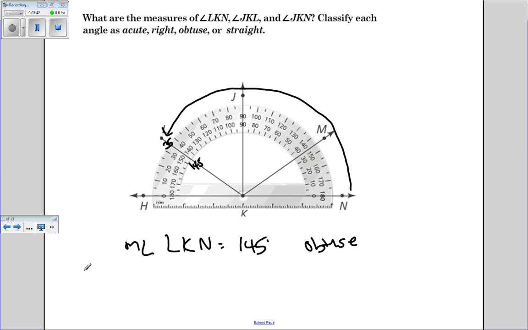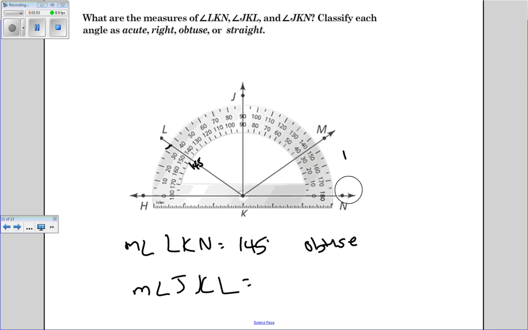Alright, next question. What about the measure of angle JKL? I'm going to get rid of my arc here. So I want to know how far it is from here to here.